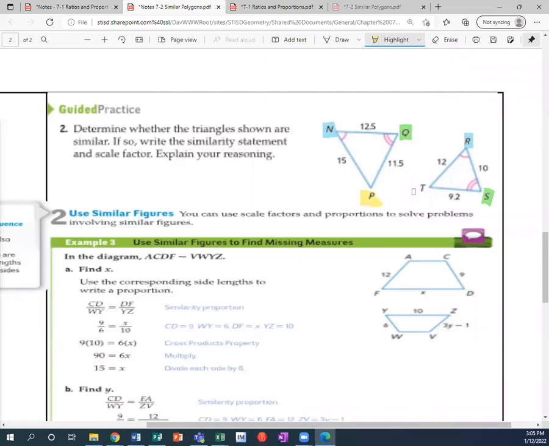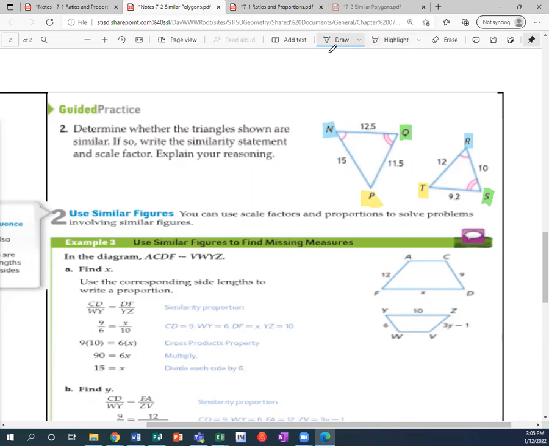So here's my third angle, P and T. I don't have information about them, but since their partners on the triangle are congruent to each other, they're going to be congruent to each other. So I've already got all 3 pairs of angles congruent to each other. It's one of the things I needed to show similarity. Now I just have to show that the sides are in proportion.